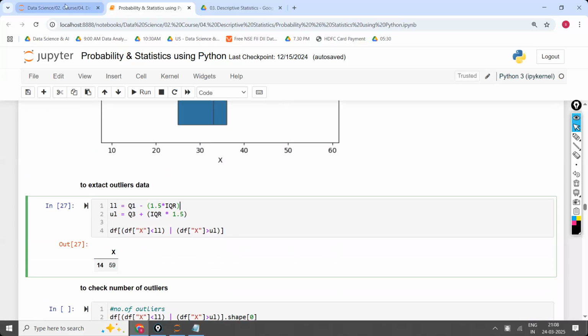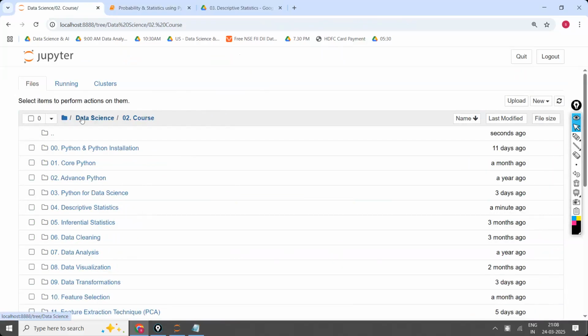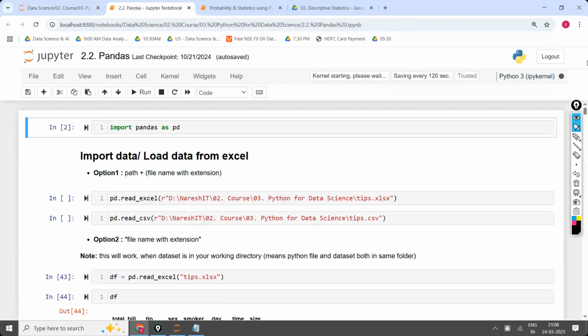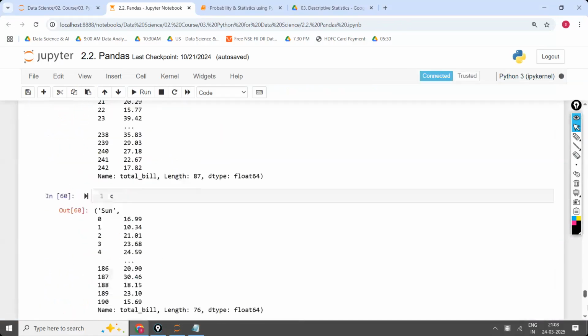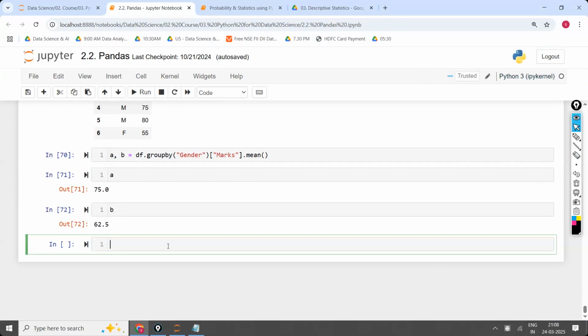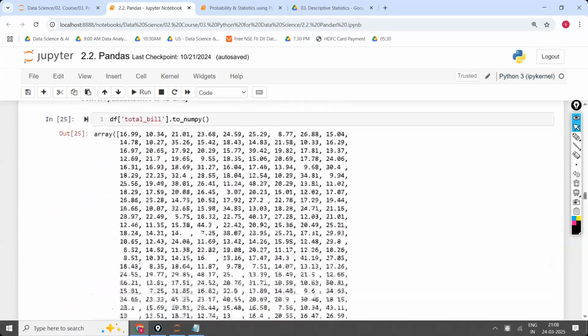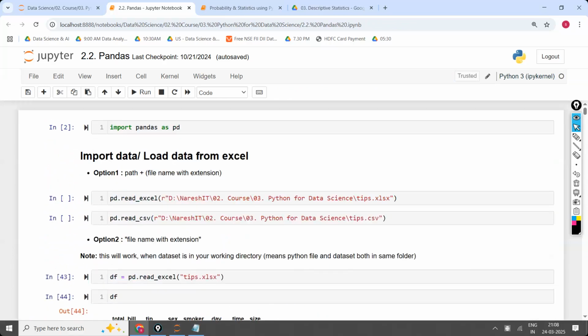Now, see guys, yesterday we completed this in pandas, the tips data set. In the data set, I want to check whether outliers are available in the total bill column or not. That is my requirement. Now what do I have to do? Outliers are available or not? Yes or no only. In the tips data set, I want to check whether outliers are available or not, for the total bill column. First I'm loading the data.